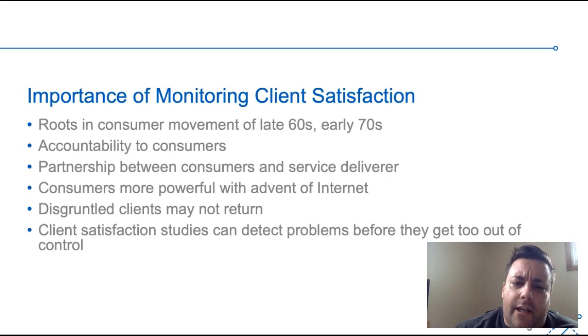If you think about it in human services, we're often asking our clients to do very difficult things, and so in some ways the deck is stacked against the provider. It leads to a higher likelihood of the client being dissatisfied with services, just given the kinds of things that we're asking them to do. I mean, we might be asking our clients to cut down or stop or reduce their drinking.